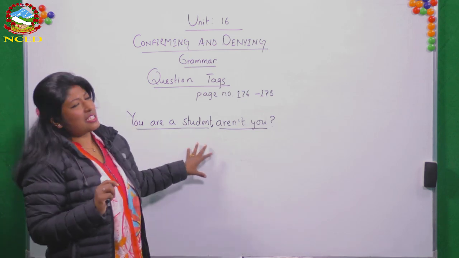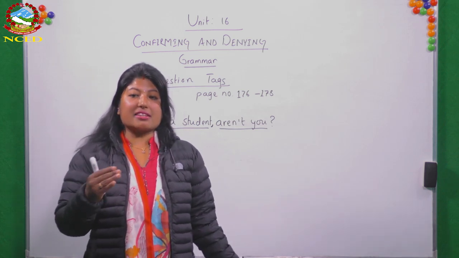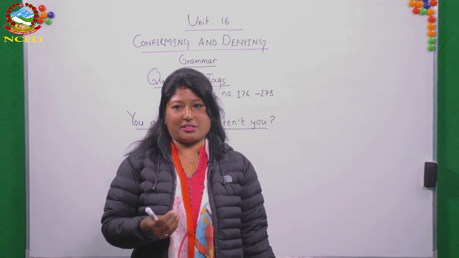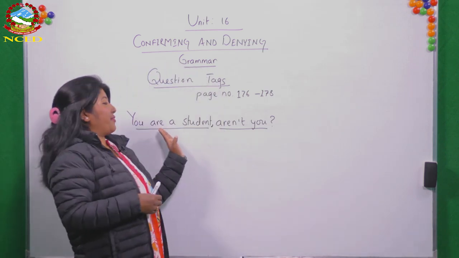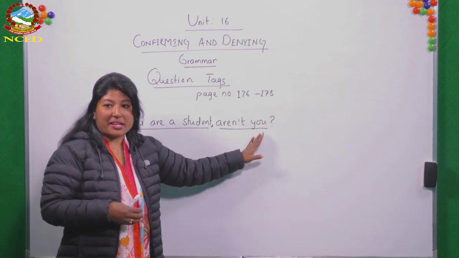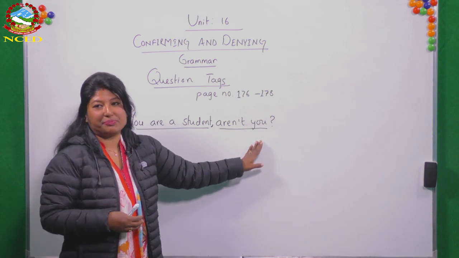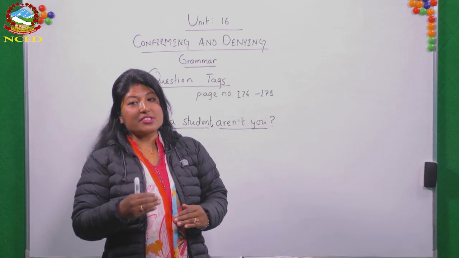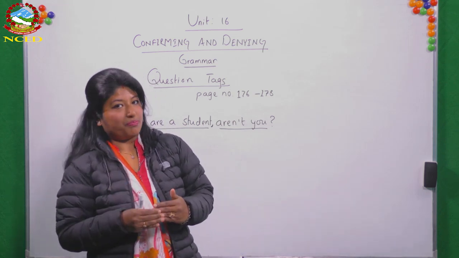Maybe the speaker is 80 or 90% sure about it and wants to make it 100% sure. That's why after the statement a short tail question is asked to make 100% sure about it. That's the purpose of the tag. It means the purpose of a tag is confirmation, to make something confirmed.